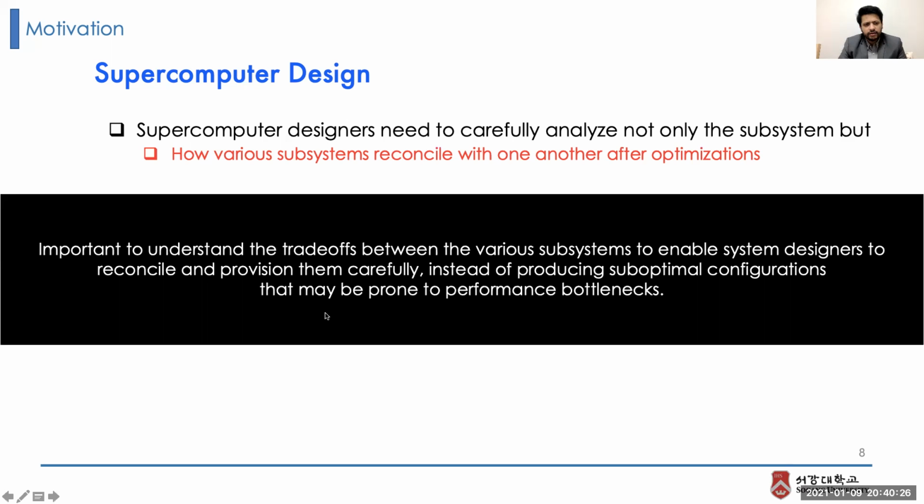Therefore, it is really important to understand the trade-offs between various subsystems to enable system designers to reconcile and provision the subsystems very carefully, instead of producing suboptimal configurations of subsystems in a supercomputer that may be prone to multiple performance bottlenecks.